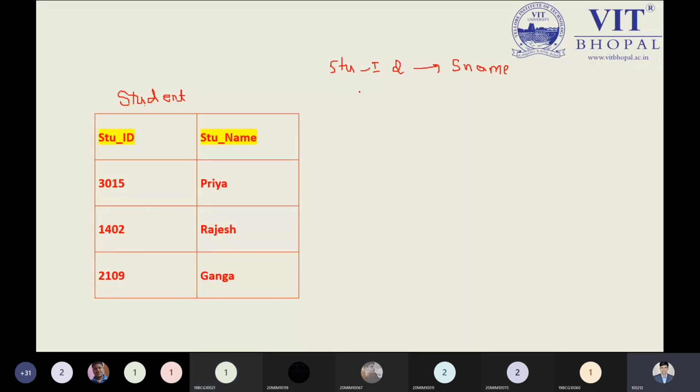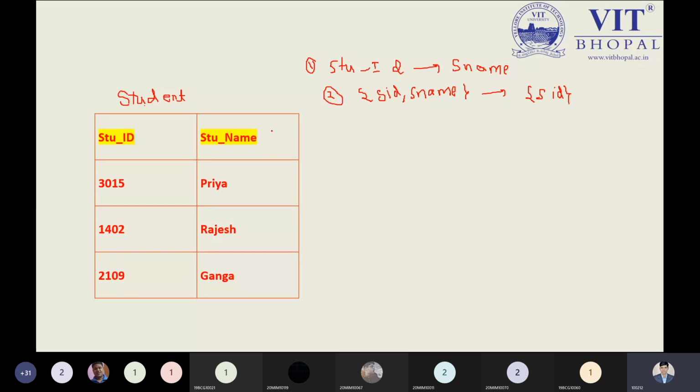If I'm writing student ID in short way, and as name, then we can say, and I'm writing here student ID. So this is what? Is this trivial or non-trivial? Trivial. Trivial, good, good, good.